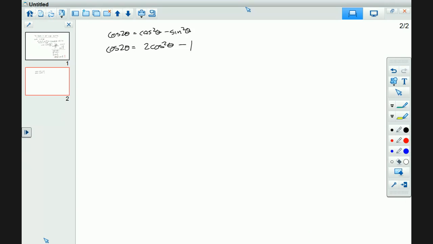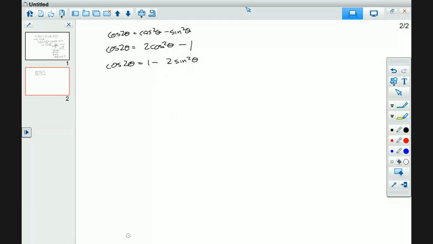That's another cosine double angle identity, and there's one more. Any of those works for cosine. Take your pick. It's situation dependent. If you have sine theta, I suggest using this one. Cosine theta, this one. If you want both of them, you can use the top one.